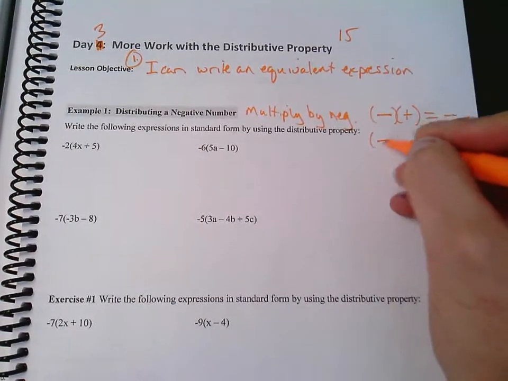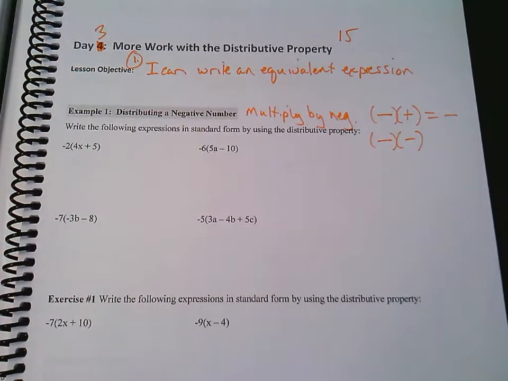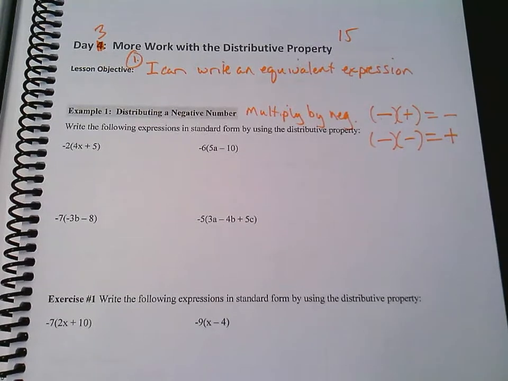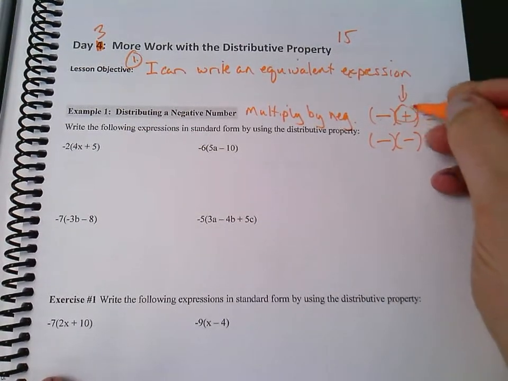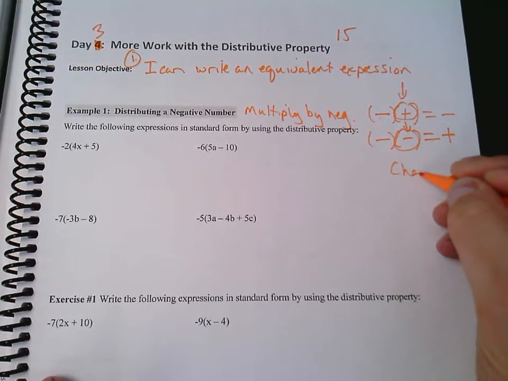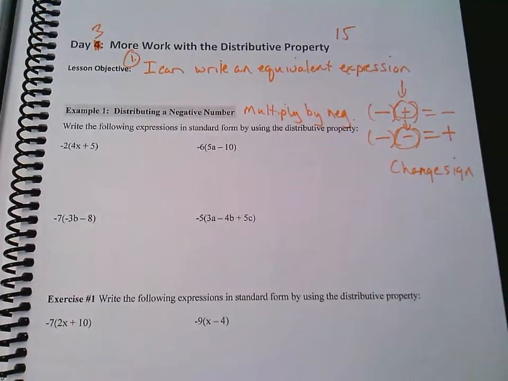A negative times a negative, reviewing our rules for multiplying, gives a positive. So the sign in both cases changes. Change the sign. That's really what's going to happen when we distribute a negative.